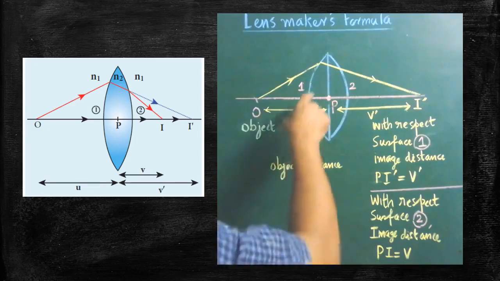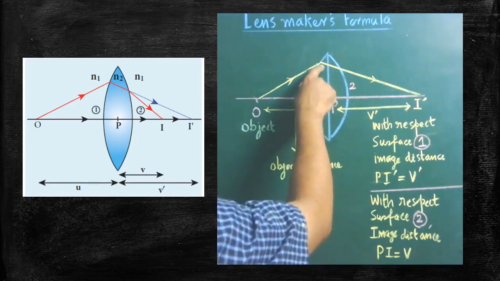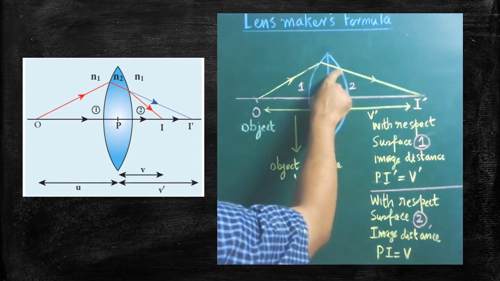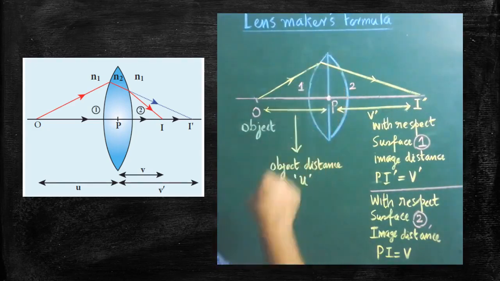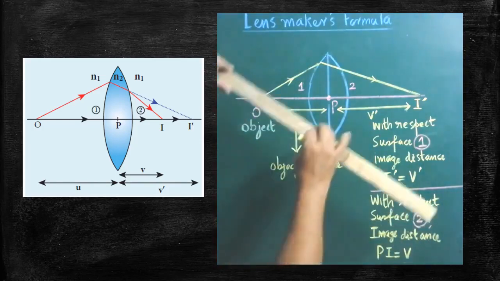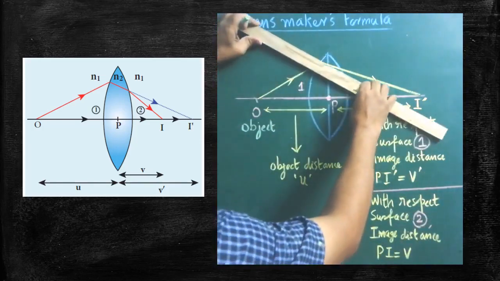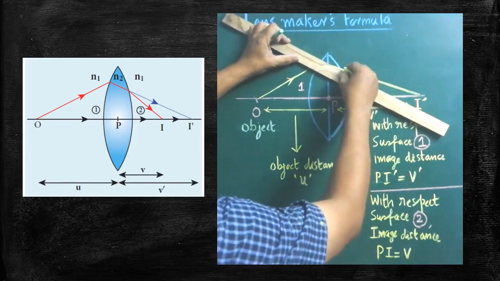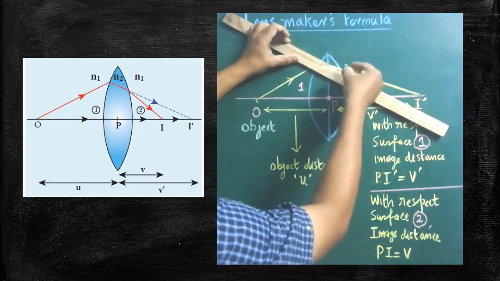Now, if the same ray, after getting refracted, happens to fall on the second surface, what will happen? The same ray will get refracted with respect to the second surface. Look at that, I am going to draw the refracted ray for the second surface.